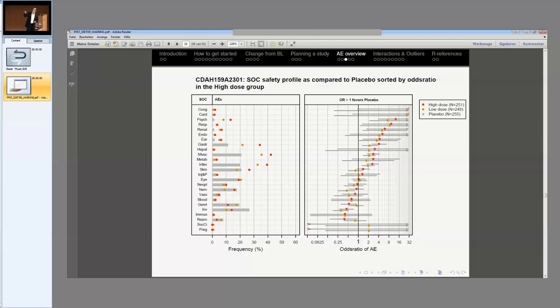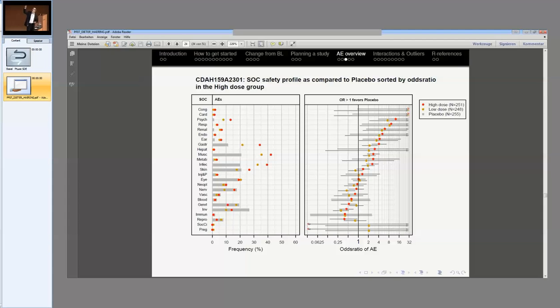You also see elements that go outside the plotting region. For example, confidence intervals, they are shown as an arrow because they extend to outside the plotting regions. And you also see at the top, like the cardiac signal, for example, the estimate is far to the right. It goes to infinity because you only have cases on active treatment, but none on control.